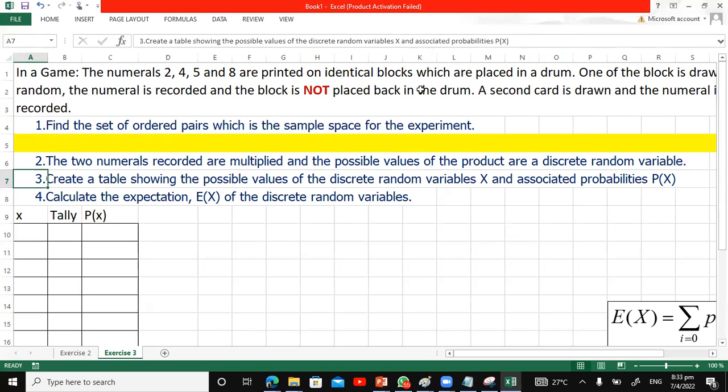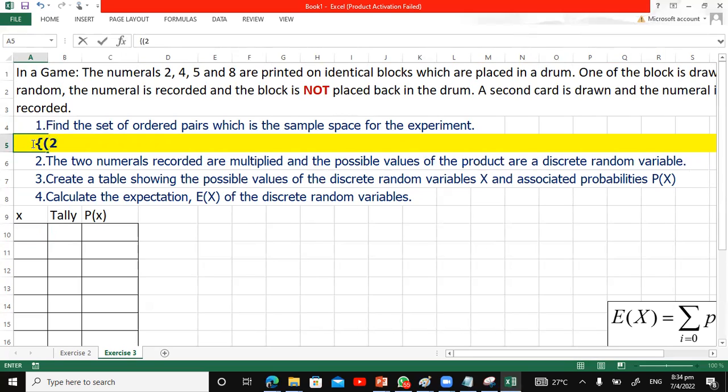All right, good. So let's look at the different pairs that we may have from this. So remember, the number is removed from the drum, but it's not returned. So in no instances will you have the same number appearing twice. So you won't have anything like 2, 2, 4, 4, 5, 5, or 8, 8.